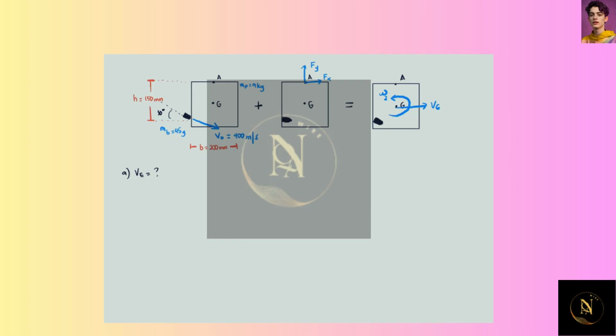Converting the mass of the bullet to kilograms and the dimensions in millimeters to meters, we'll have, mass of the bullet equals 45 grams times the conversion factor, so 1 kilogram is 10 raised to 3 grams.